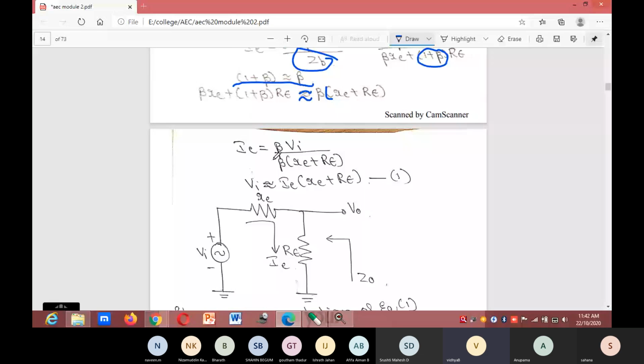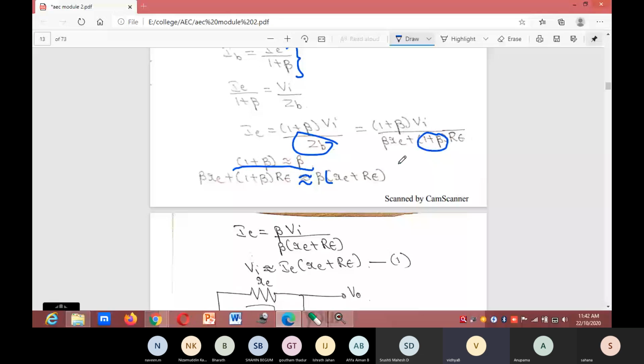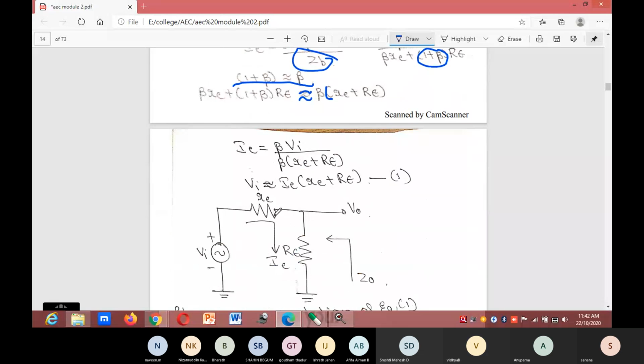After taking that condition, you will get beta Vi divided by beta open bracket RE plus capital RE close bracket. From this equation, input voltage is equal to IE open bracket RE plus capital RE close bracket. This is equation 1.